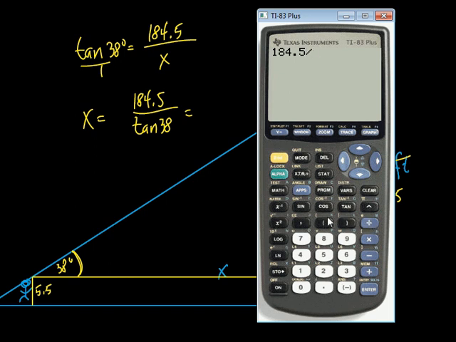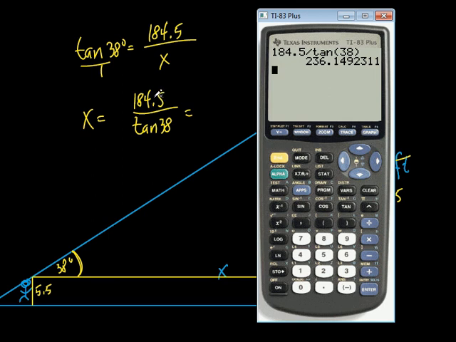184.5 divided by the tangent of 38, and 236. Does that sound right? I got 0.5. You got 0.5? Yeah, it should be. I don't know why you got 0.5. You've got to divide by the tangent. It's 184.5 divided by.